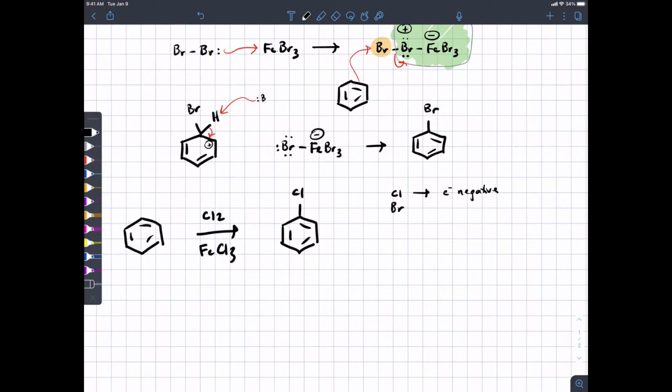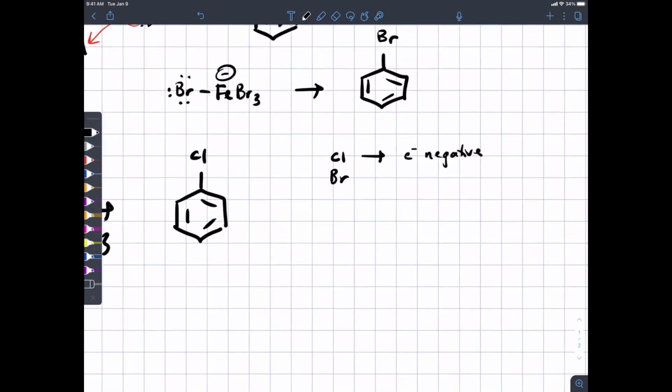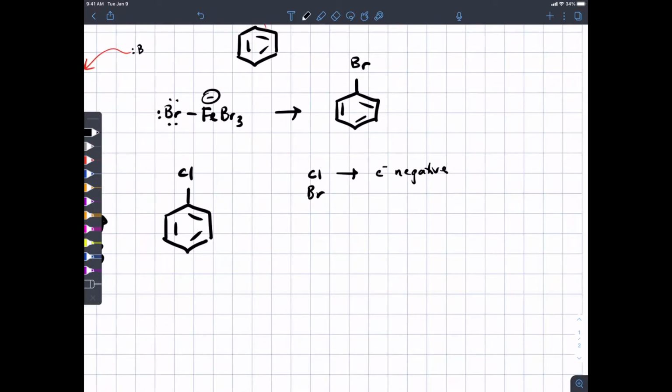So you would expect them to withdraw electron density from the ring, and they will do this because of their increased electronegativity relative to carbon. They will do this through the bonds via something that we call an inductive effect, and I think you learned about that in 351 in the chapter on acid-base chemistry.